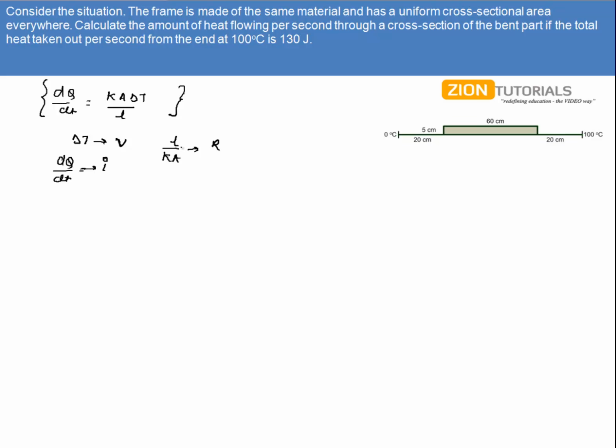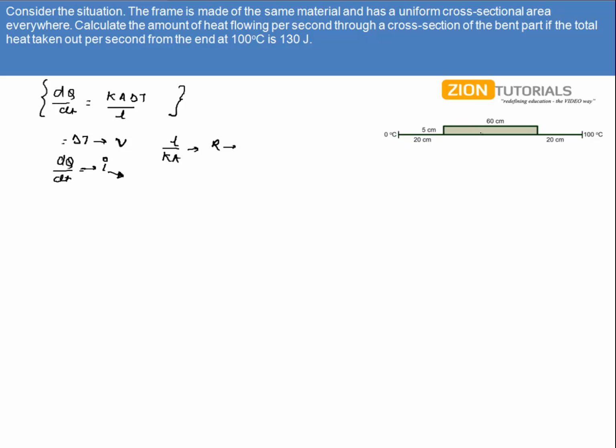So in all, I call this delta T the thermal voltage, this the thermal current, and this resistance the thermal resistance. Fine. Now with this concept I can solve various problems, any complicated circuit that is given to me.